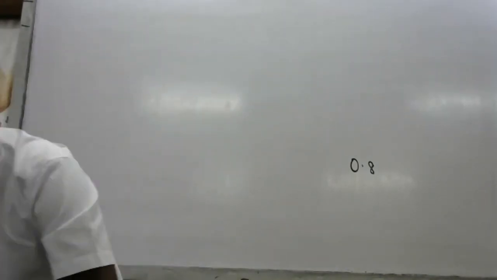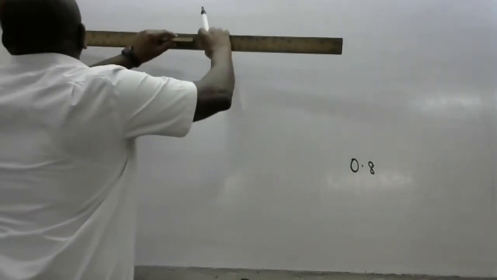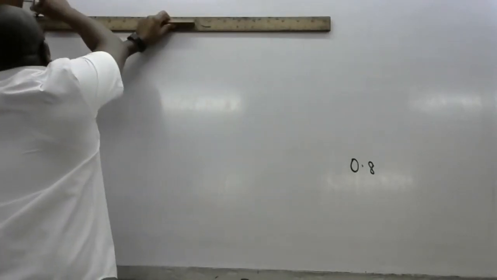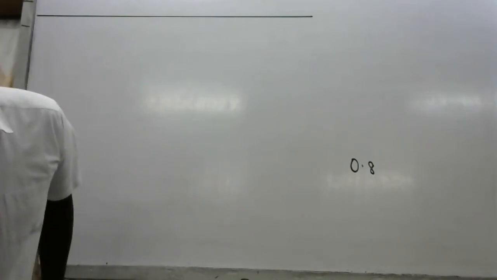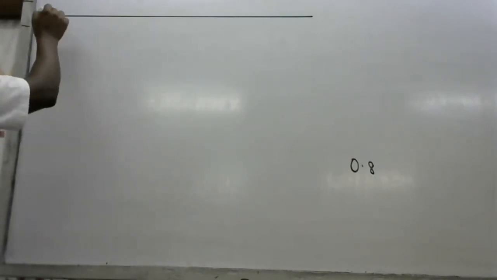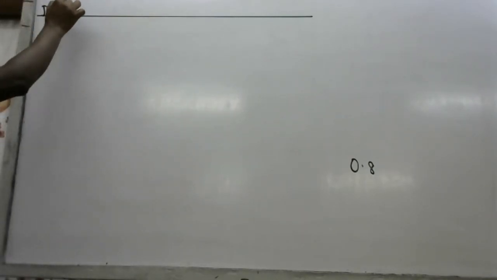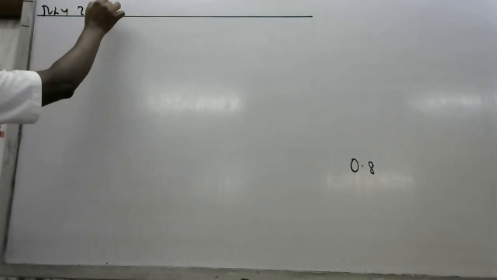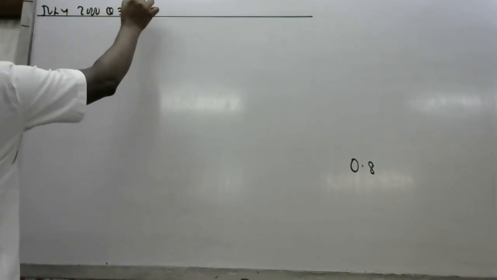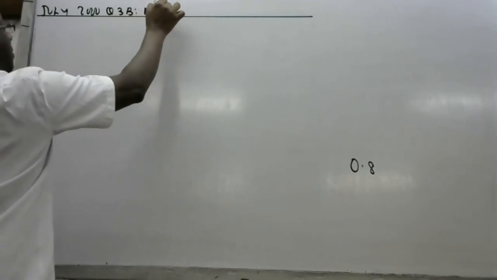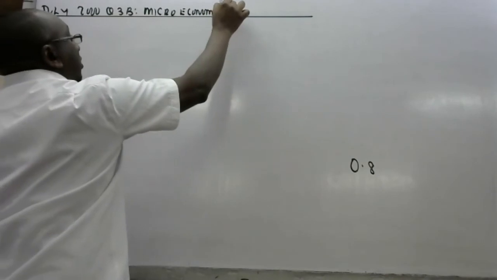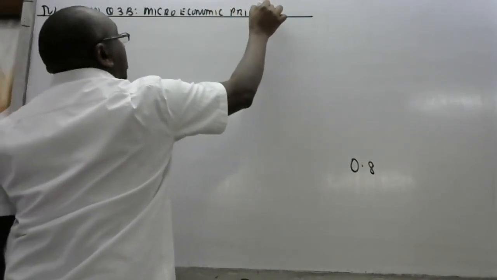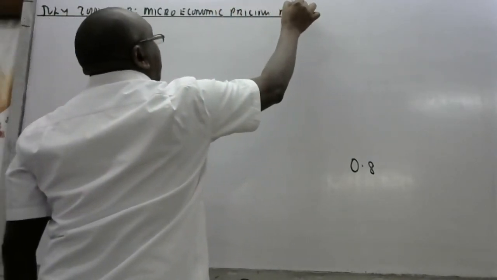So quickly looking at the next question. This question of July 2000, question 3B. I wanted to use it to remind you about the microeconomic pricing method. That is the simple thing that I wanted to remind you.